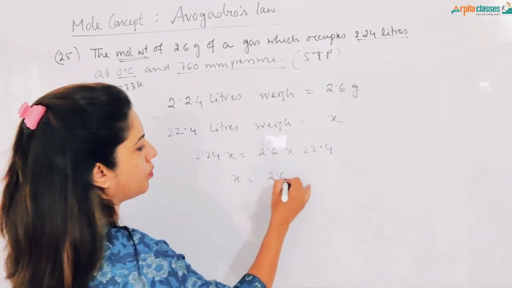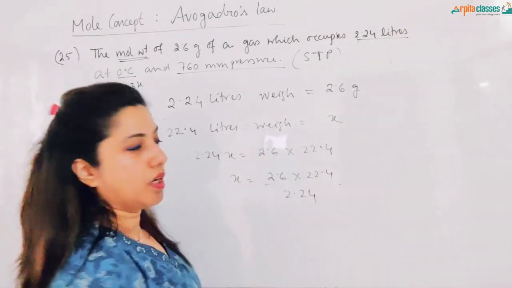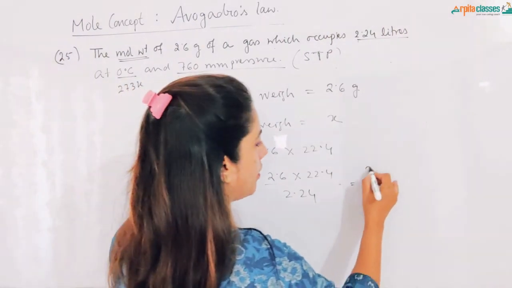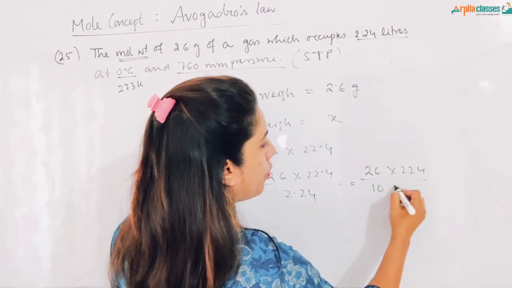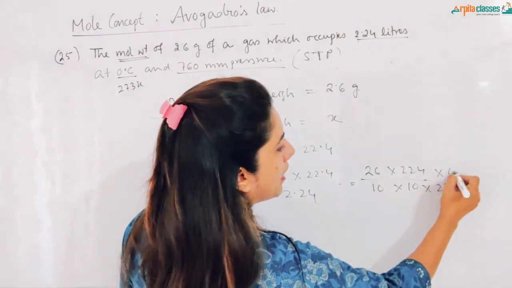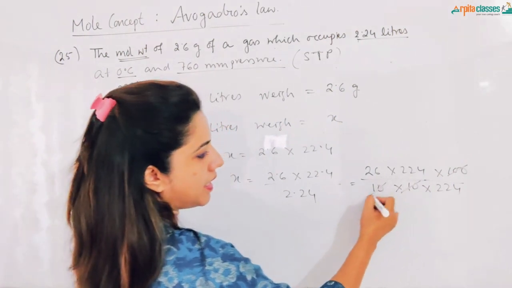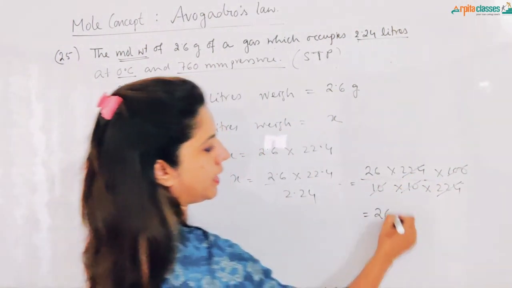Therefore x is equal to 2.6 into 22.4 divided by 2.24. First we'll remove the points. So here we'll write 26 upon 10, 224 upon 10, and here 224 upon 100, that 100 will go up. This 10 and 100 will get cancelled, and 224 will get cancelled, so 26.